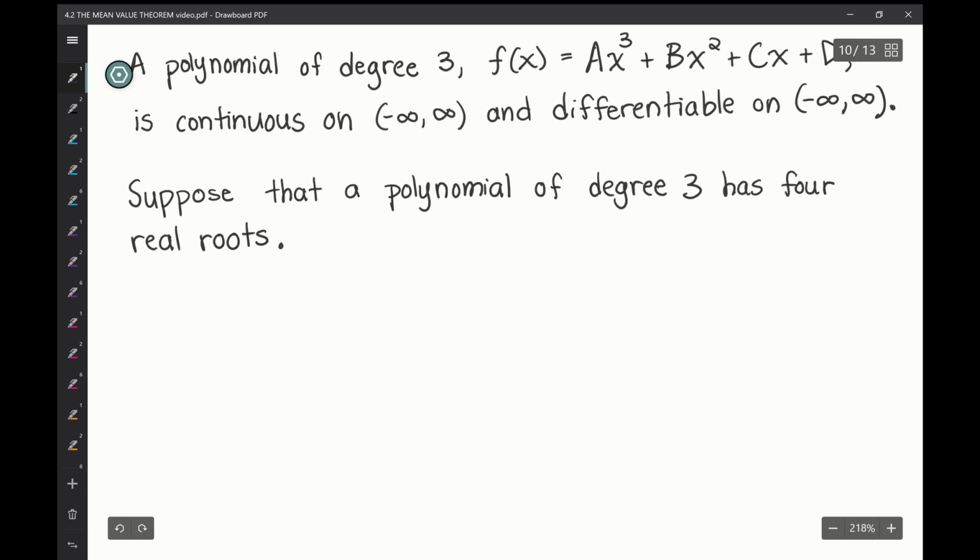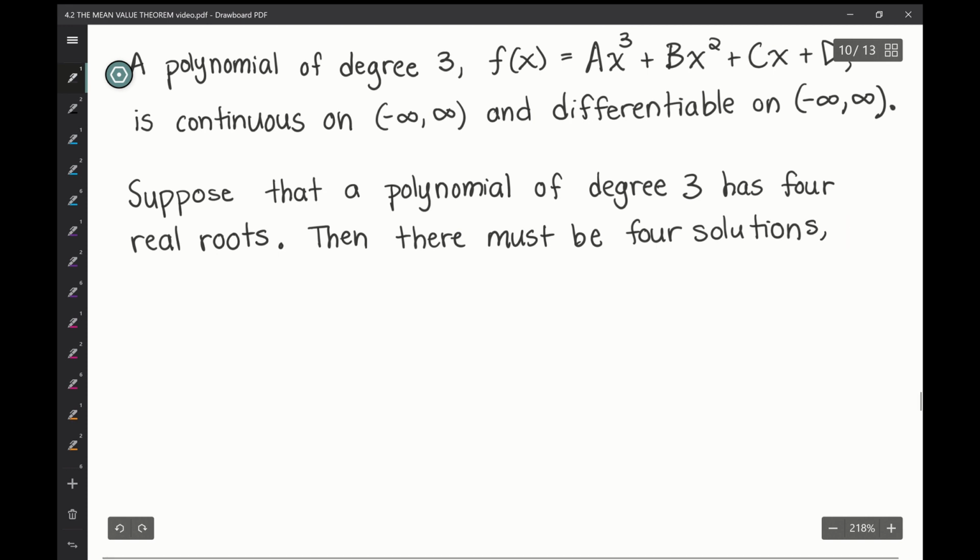We're trying to show that if we suppose this, we end up with a contradiction. Then, if there's 4 real roots, there must be 4 solutions, which we will call a, b, d, and e.